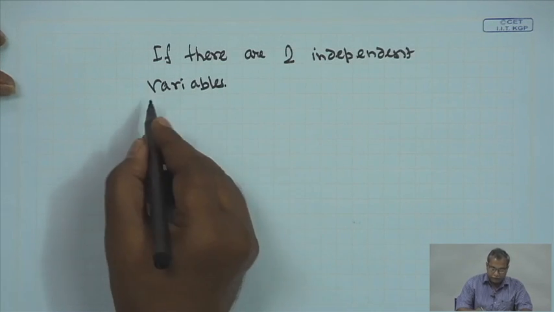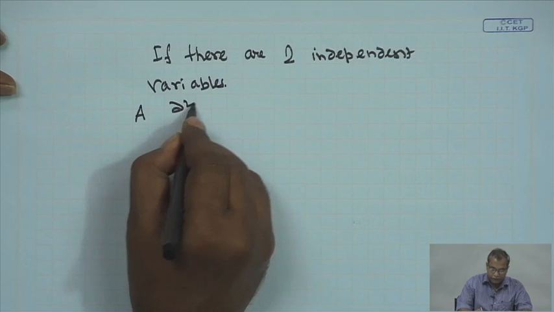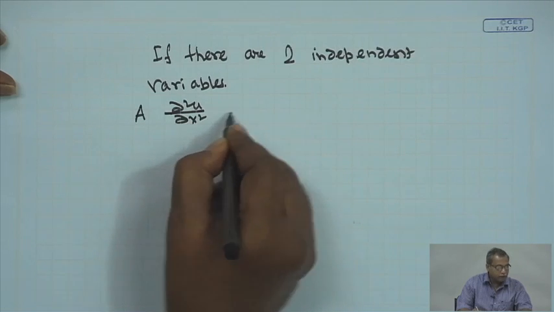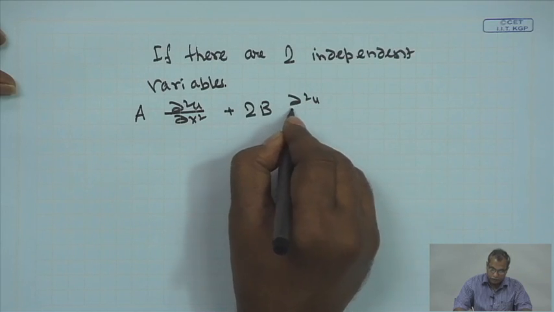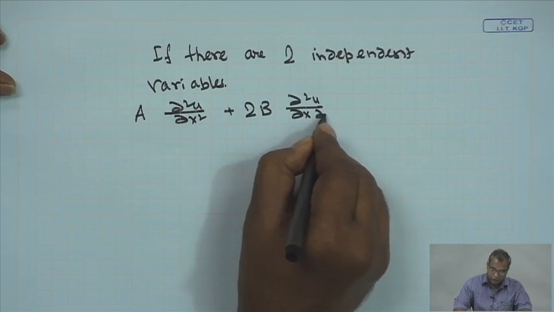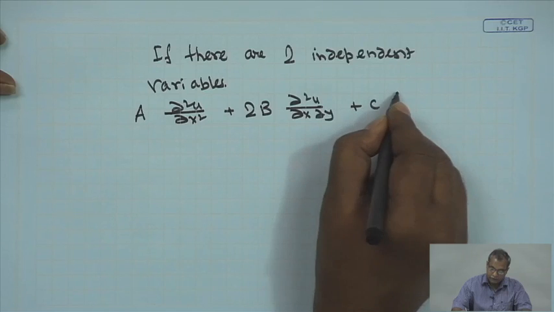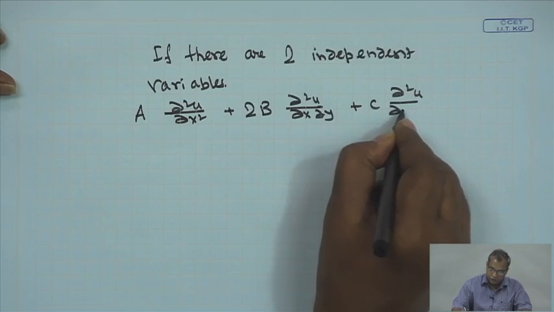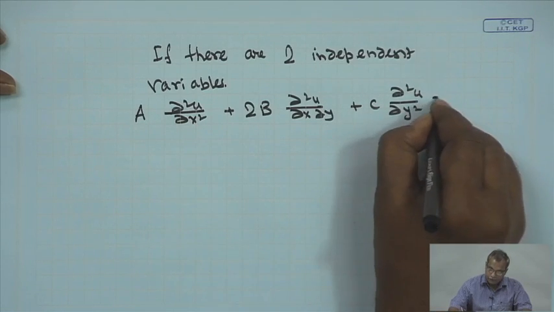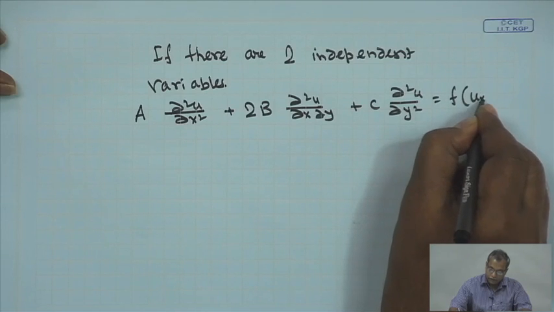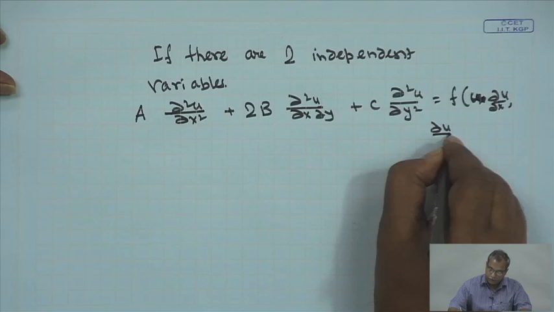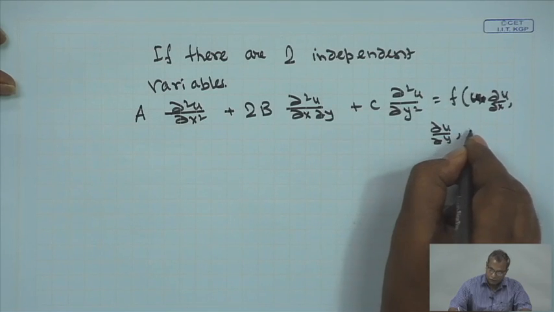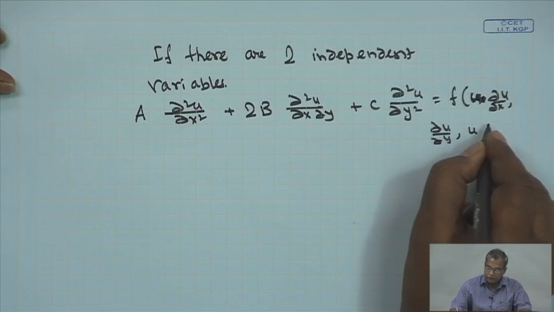Now, that will be the general form. The general form will be a ∂²u/∂x² plus 2b ∂²u/∂x∂y plus c ∂²u/∂y² is equal to f of u, ∂u/∂x, ∂u/∂y, u, and any other terms.